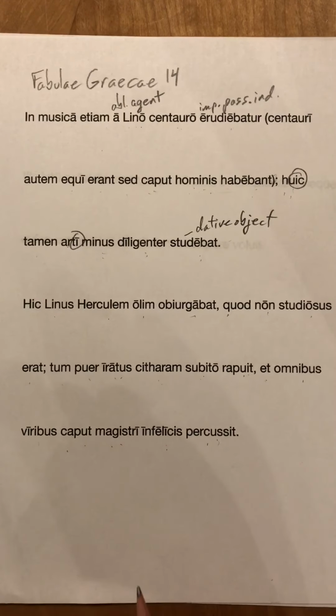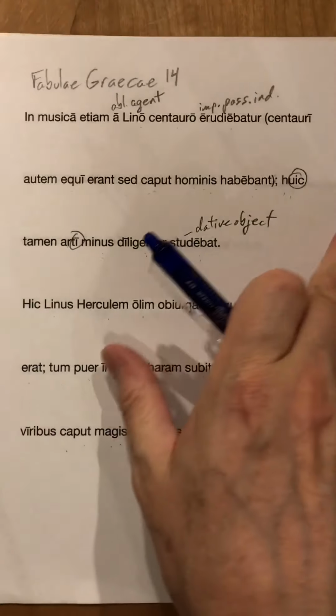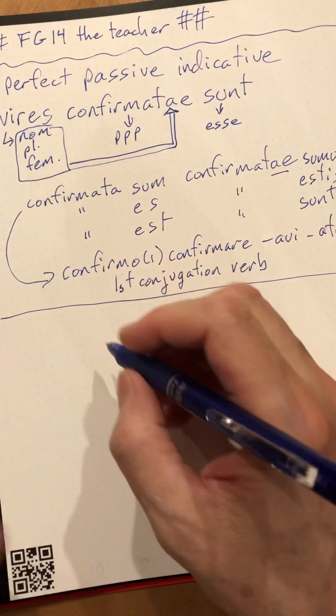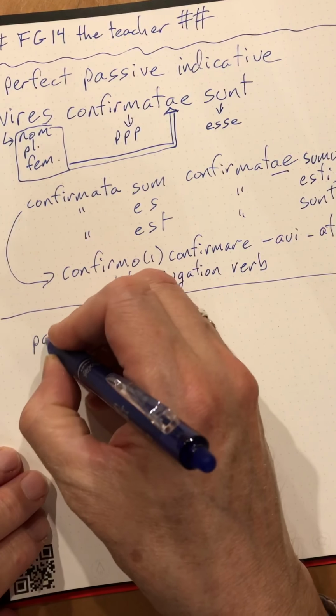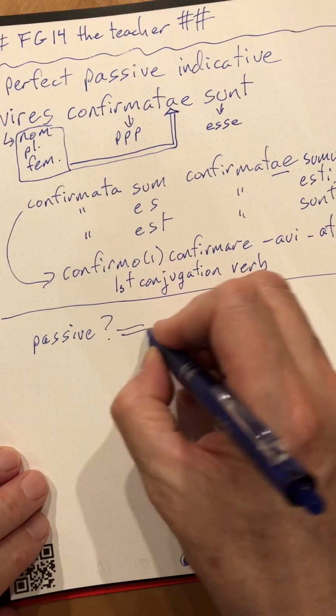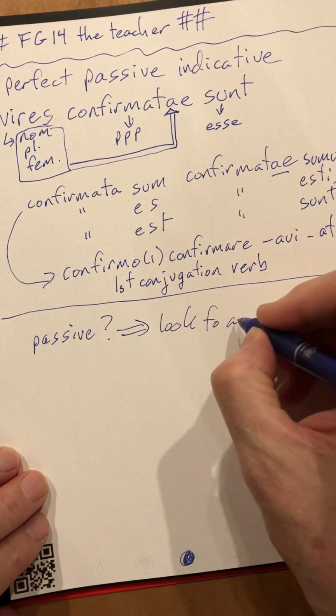Da-da. All right, we've got a few things to unpack here. I just want to point out this Lino centauro erudibatur. When you see a passive verb form, look for an ablative.